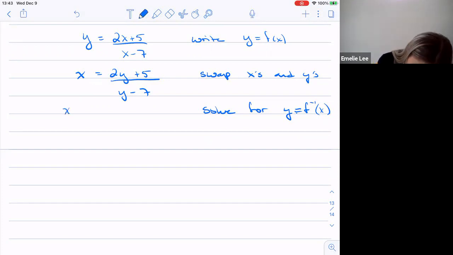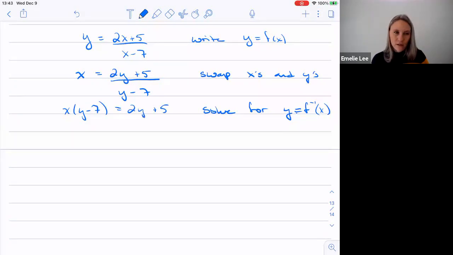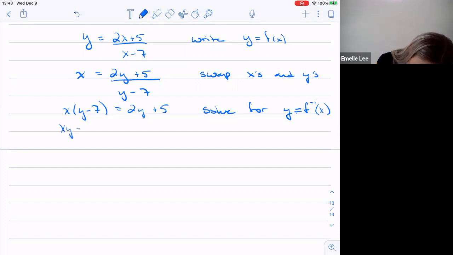So this looks like x times y minus 7 is 2y plus 5. Okay. I can expand the x times y minus 7 as well as move this 2y, right? I'm trying to collect all my y's because that's what I'm trying to solve for. So I get xy minus 7x minus 2y is 5.